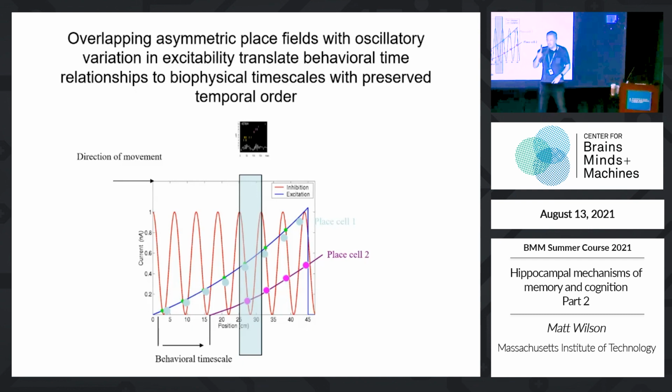But now, let's suppose I do that just the way I drew it, where the excitation is also zero phase locked with inhibition. And now I ask, where does this work? Where does excitation exceed inhibition? If it's zero phase locked, this doesn't work. The only way it works is if I phase shift it.